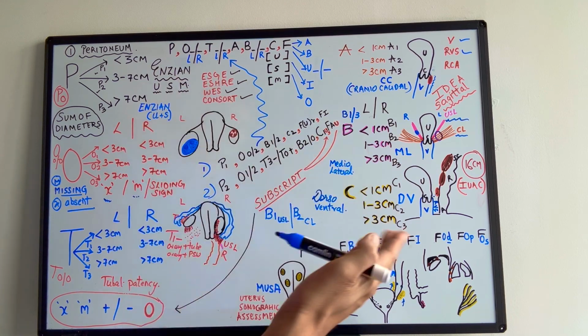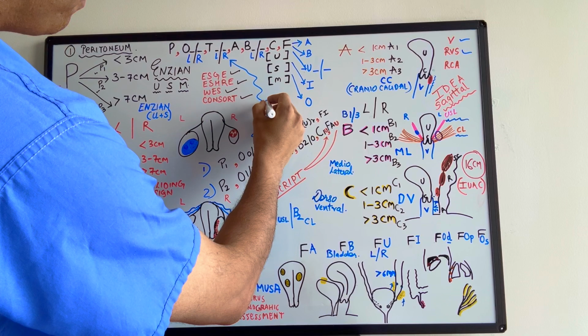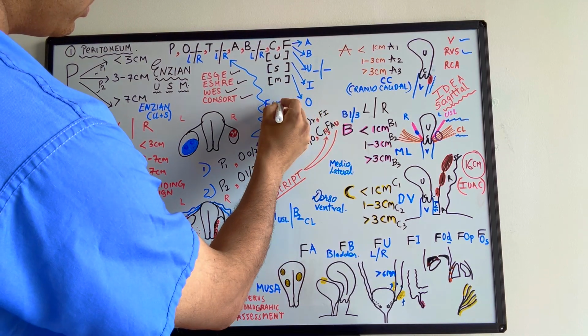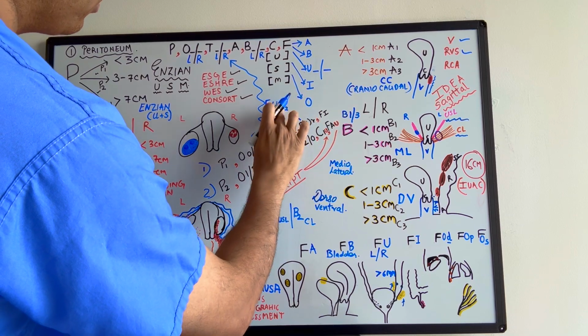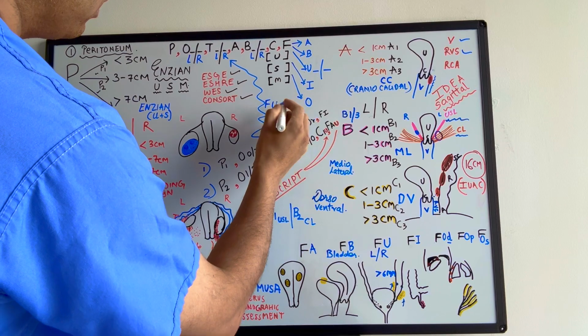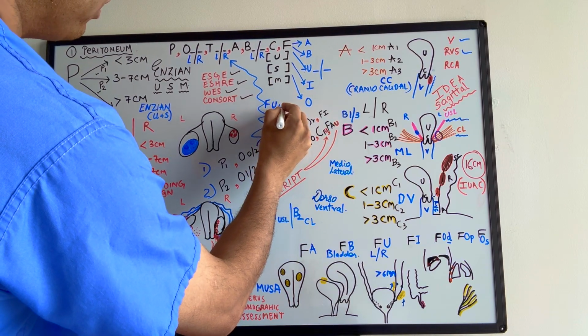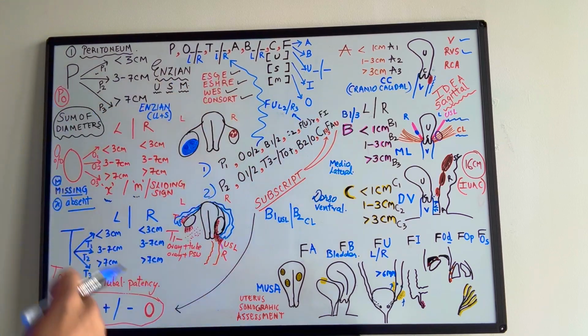If it is present on both sides, then we're going to write this as FUR if it is around 2 centimeters. Sorry, we're going to write down left first. So FUL 2 centimeters or 3 centimeters, a better way of writing that.